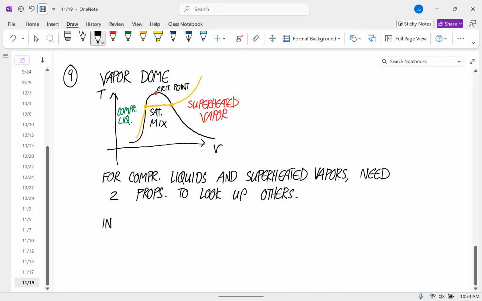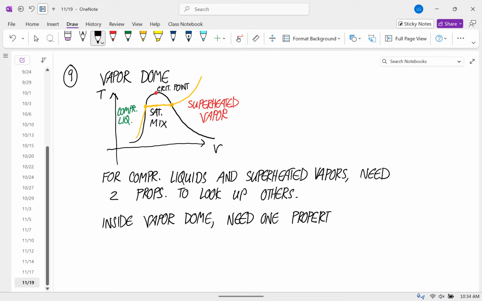Inside the vapor dome, you only need one property. And quality? Yeah. You need one property to look up the value for a saturated liquid or the value for a saturated vapor. And if you want the total of your specific mix, then you need that quality.